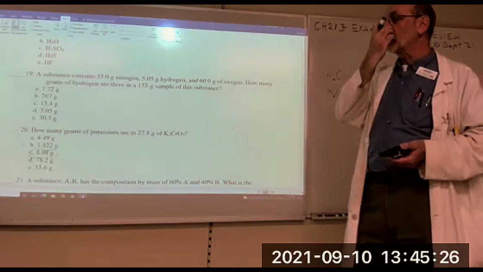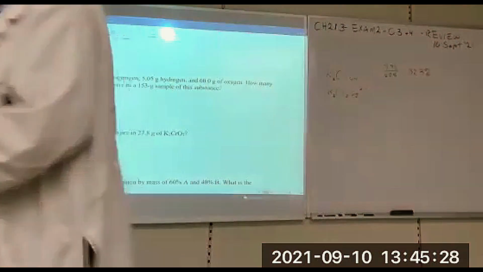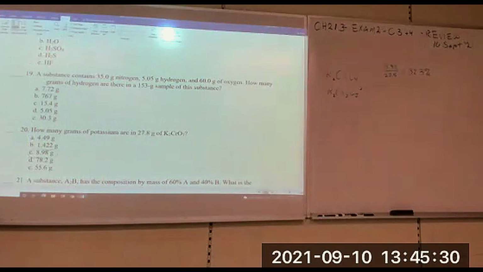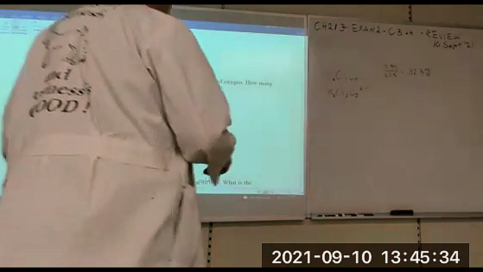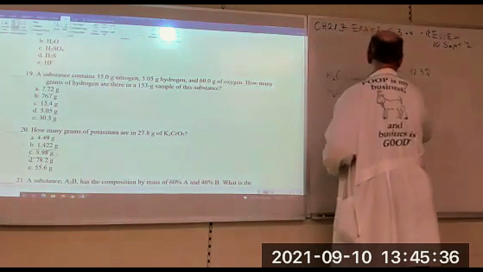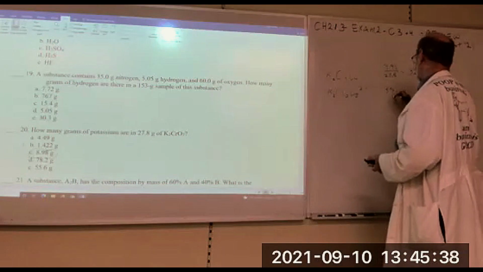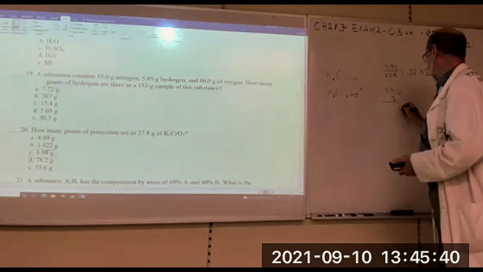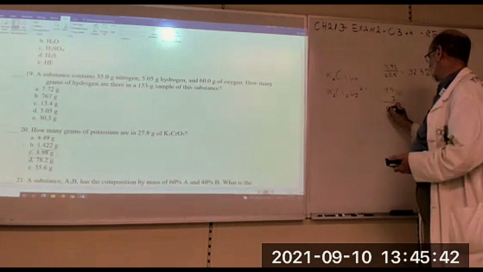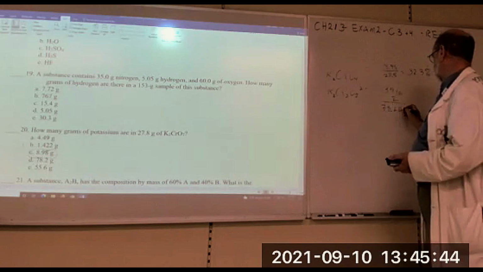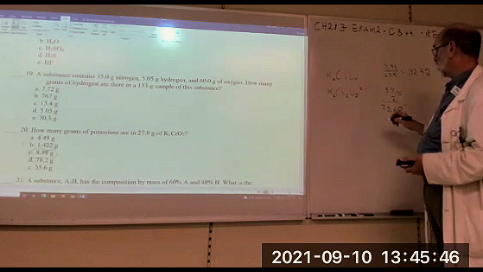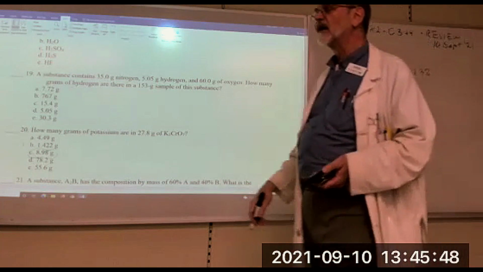So 2 potassiums would be 39.101, 39.10 times 2 is 78.2. Right?